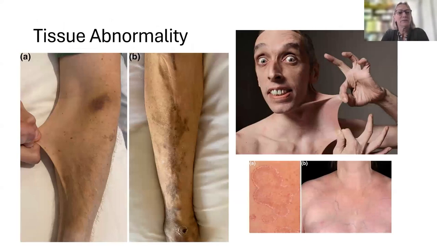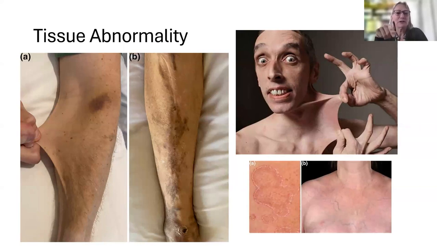And here we have some examples of tissue abnormality that people are looking for. So the skin hyperextensibility test is always done on the forearm, and you should be able to pull the skin more than 1.5 centimeters off the surface of the arm.